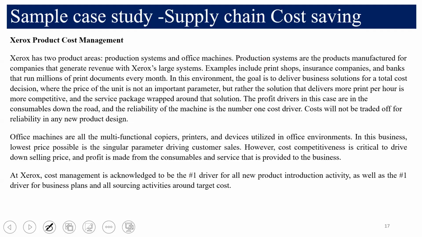This is the process in supply chain, the strategic cost management, right? You need to interpret it. Sometimes you will interpret it one way, another person will interpret it another way, right? Then make the decision.